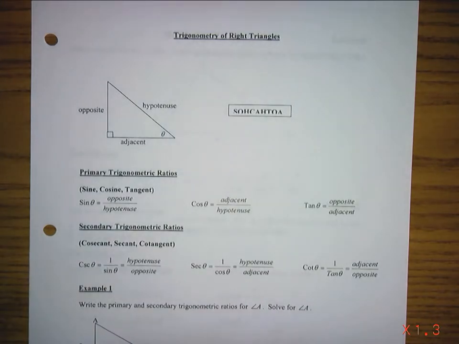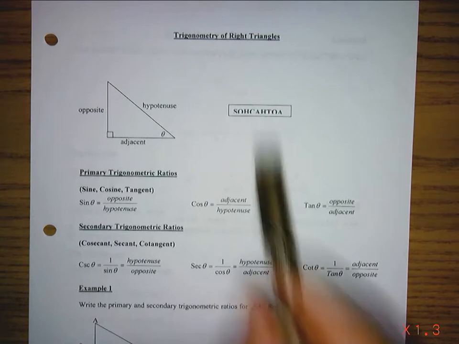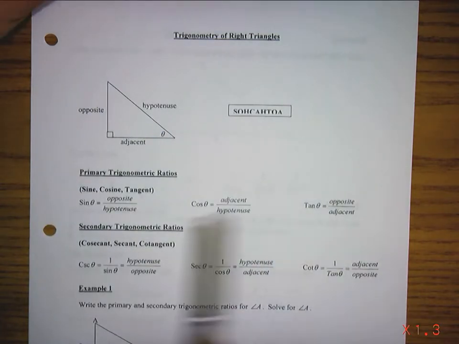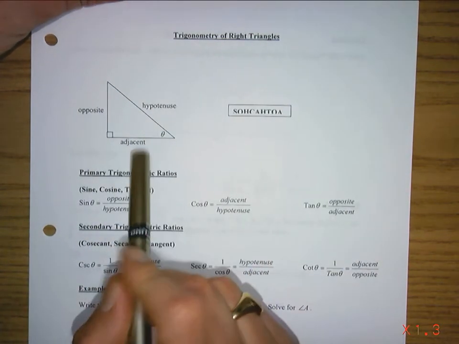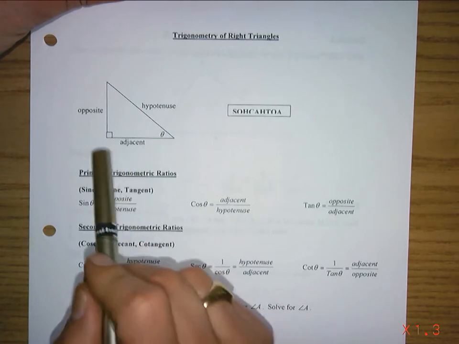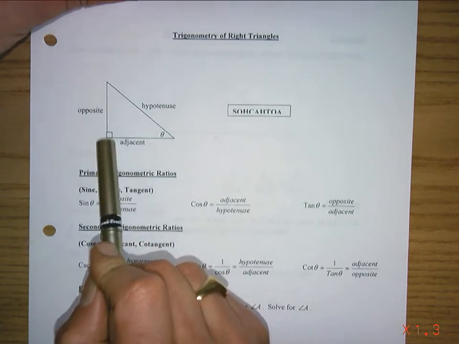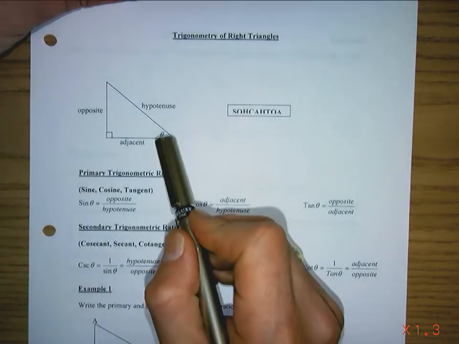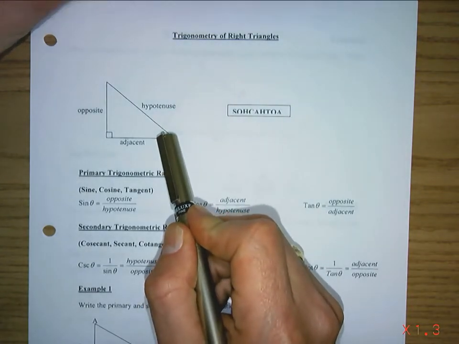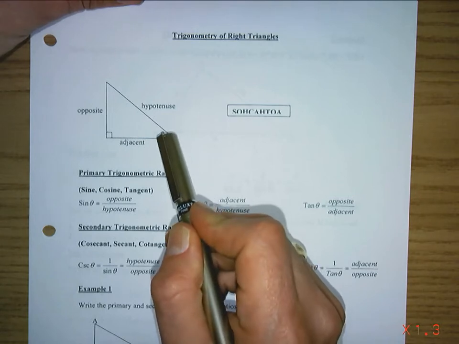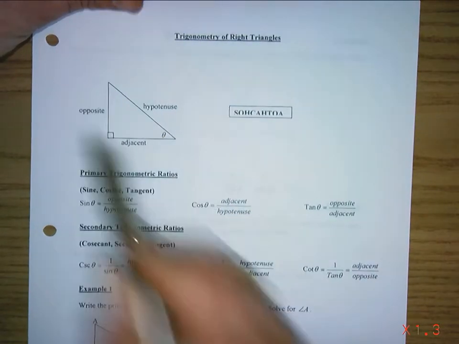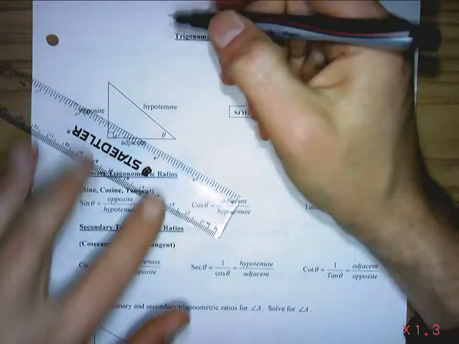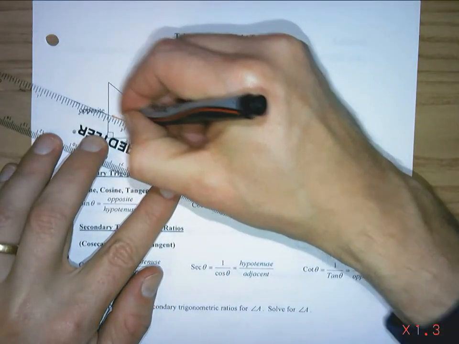So, the trigonometry of right triangles is what I want to talk about right now, and that's talking about, first of all, a right triangle. You have a 90-degree angle, and the side opposite the 90 degrees is called the hypotenuse. You're going to have an angle, and wherever that angle is, you're going to have an opposite side to that angle, and you notice that the opposite side is literally opposite in direction from the angle itself.